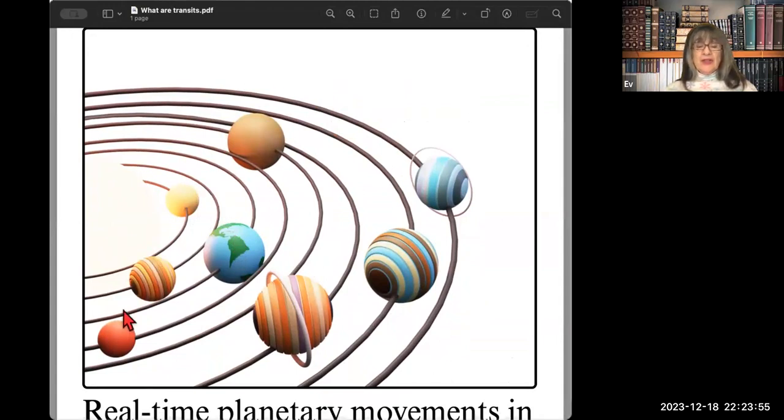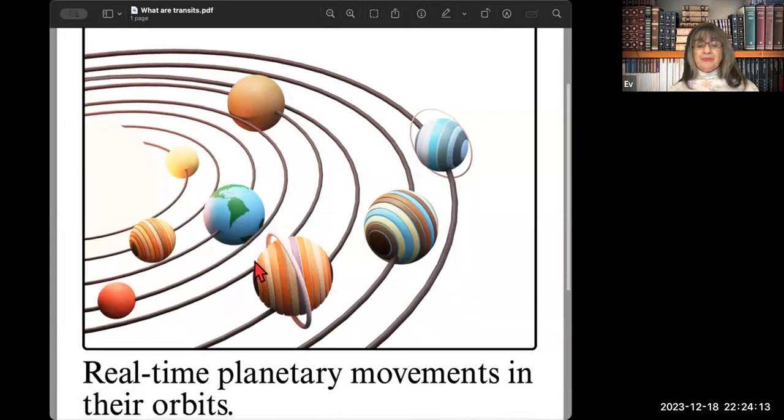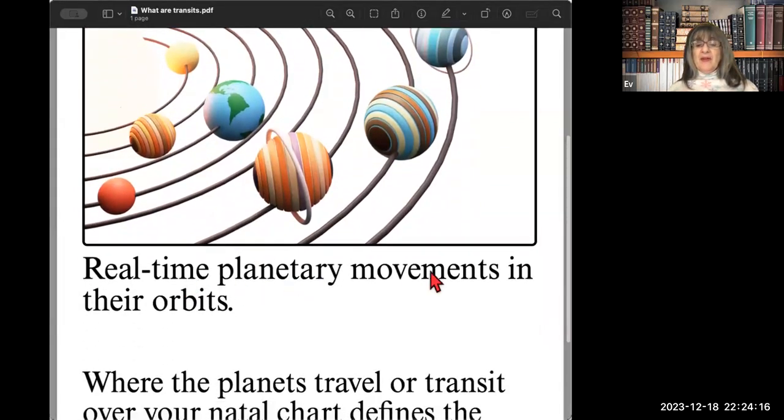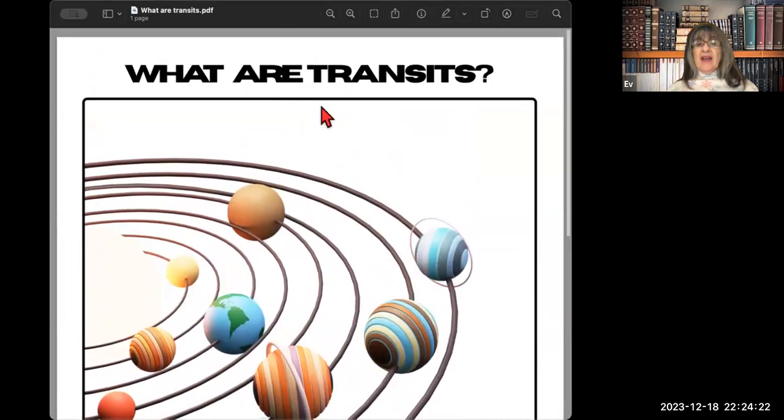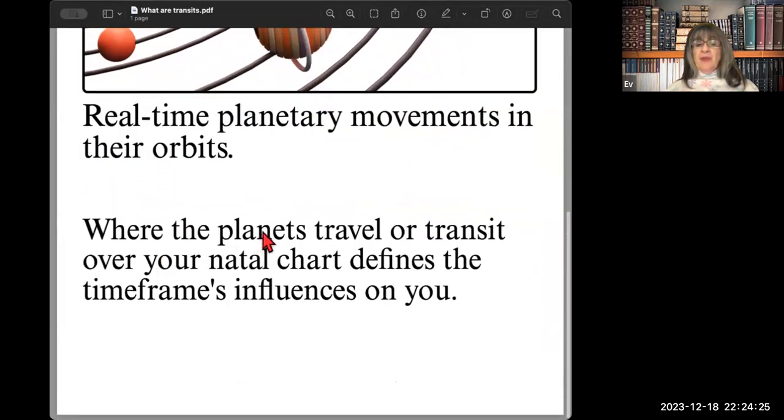and what everything looks like from Earth. And these planets around here, see how they're on their own little track or their own orbit, and they move at their own rate of speed, okay? Real-time planetary movements in their orbits. That's what we're looking at, and a transit is where the planets travel or transit over your natal chart, which defines the time frames and influences on you.